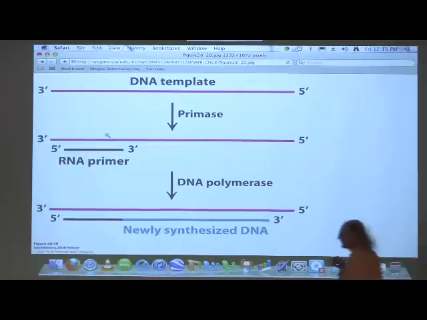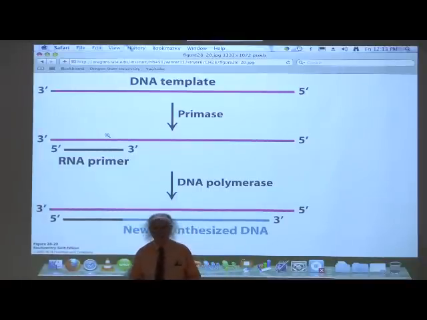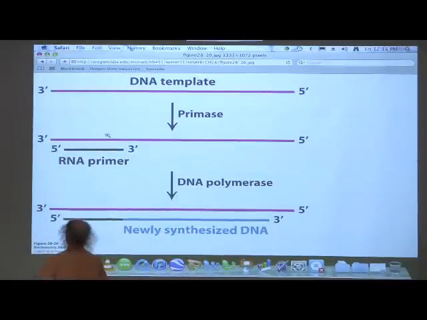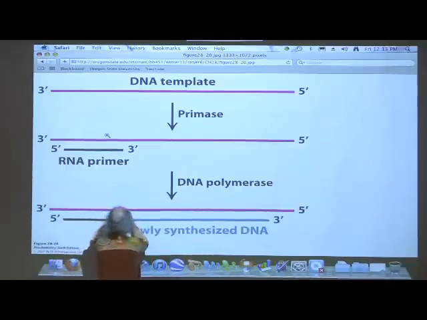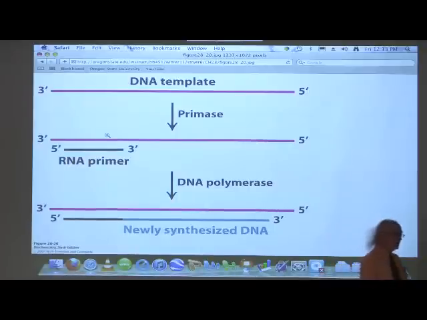And that last phosphodiester bond requires action of an enzyme known as DNA ligase. DNA ligase will, in fact, close that gap by making a phosphodiester bond against that piece that has just been made. Okay? Everybody with me? Questions on that?